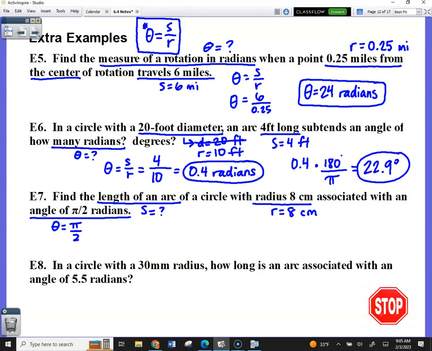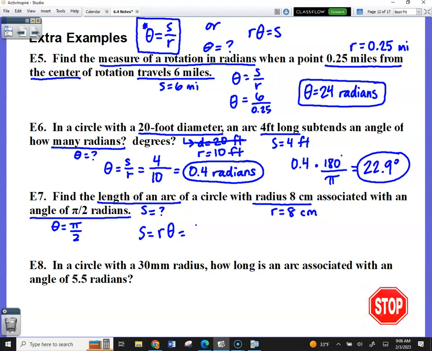Or, cross multiply the R over. There's an alternative formula, which would be helpful here because I need S. So I can pull S equals R times theta, and now I can just multiply them. You don't have to go that way, but it's more intuitive, I guess you could say.